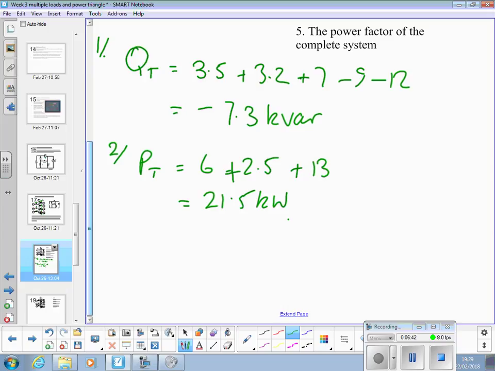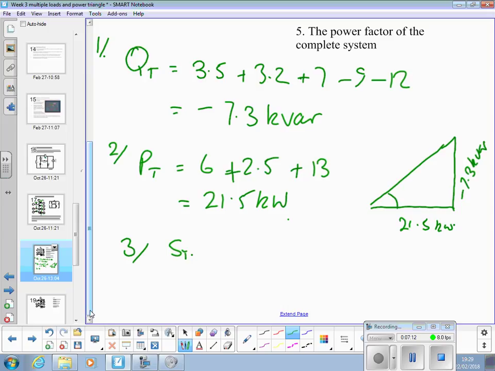Now, how do we find the apparent power drawn from the supply? We've got two sides of our power triangle now, haven't we? This is 21.5, this is minus 7.3 kVAR. We haven't got an angle in there yet, and ST is on that side. So we can find that by Pythagoras.